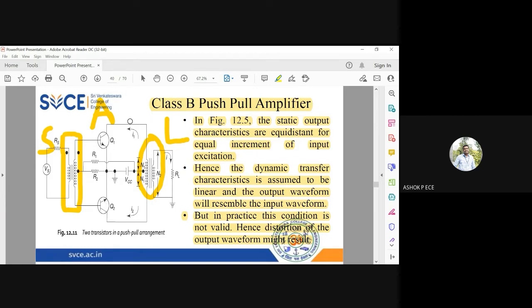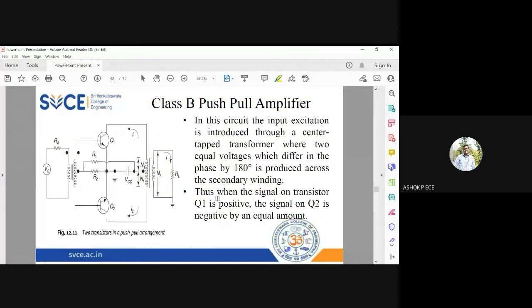See, I want my signal output to be the same as my input. But if you use only one transistor, I will get only the positive half cycle, and the negative half cycle will be completely zero. But I want the negative half cycle also. For that only, I'm using a pair of transistors to get back the same input signal. Okay, you see here, assume that you are giving a sine wave.